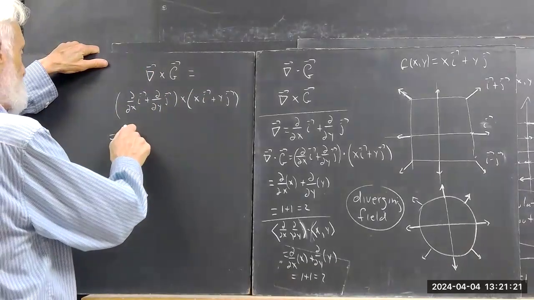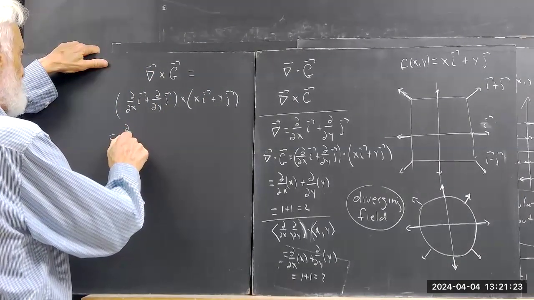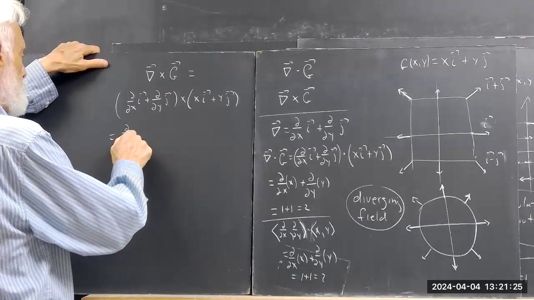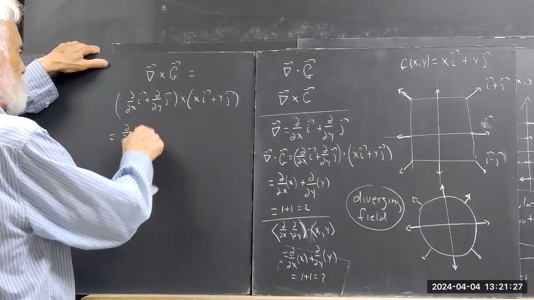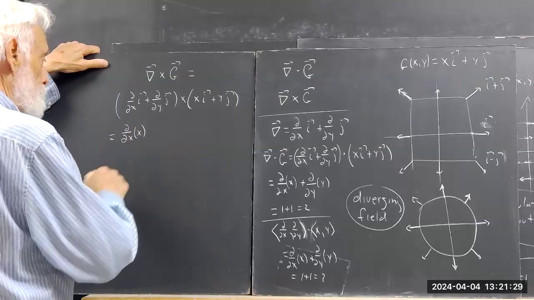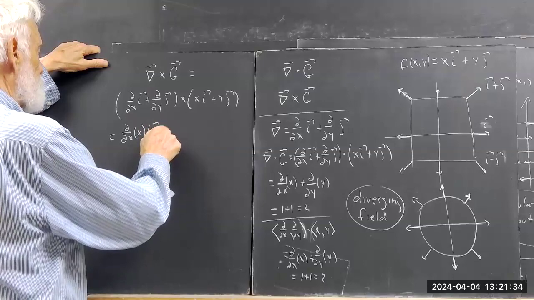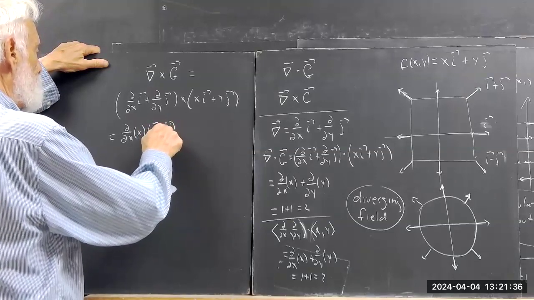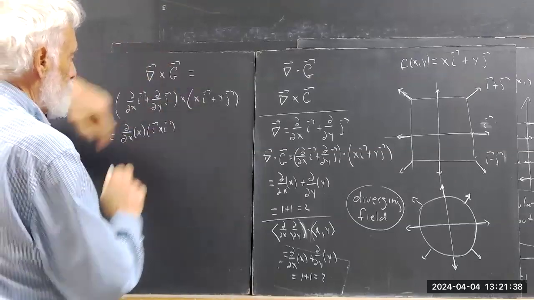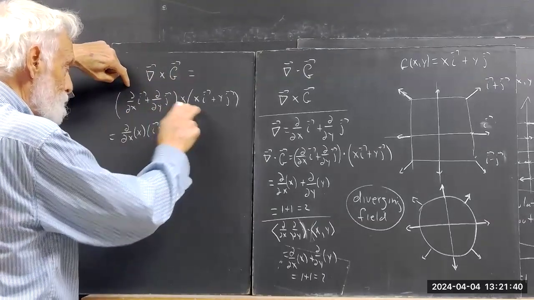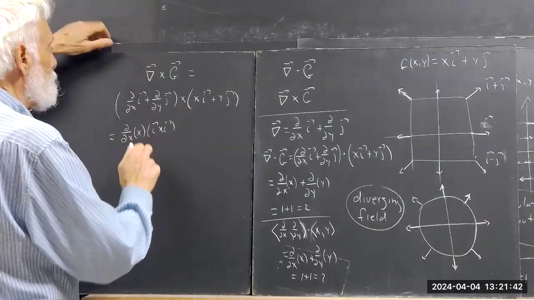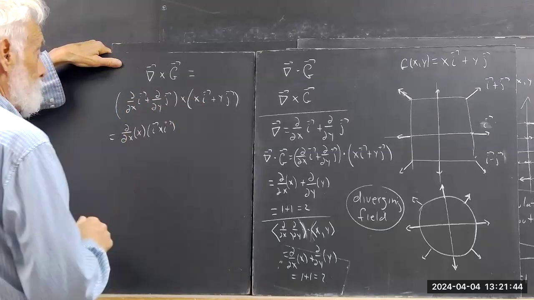This means partial with respect to x of x times i cross i, because you combine this with this, you're going to have an i cross i.